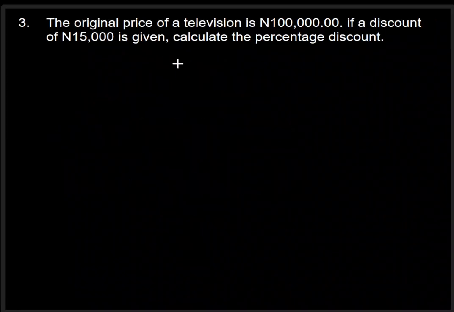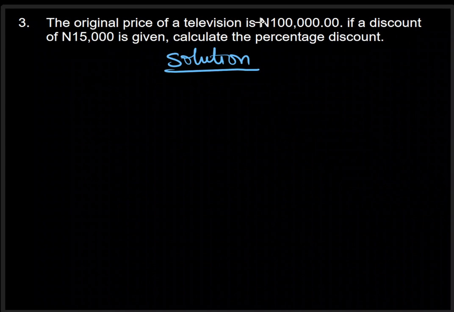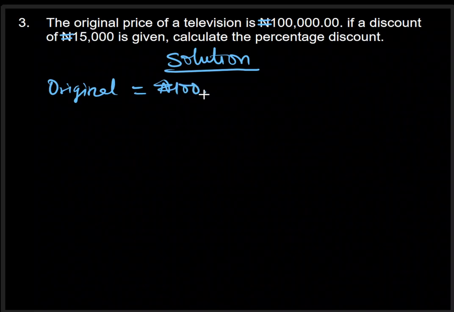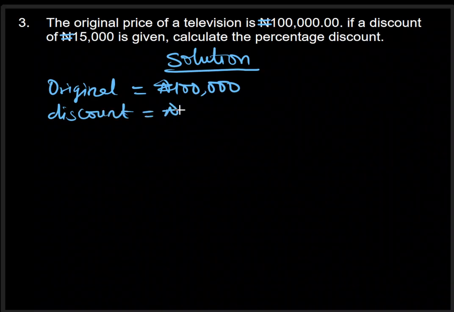Number three. The original price of a television is 100,000 naira. If a discount of 15,000 naira has been given, we are given the discount there, which means we are not to find the discount. So the original price is 100,000 naira, and the discount is equal to 15,000 naira.